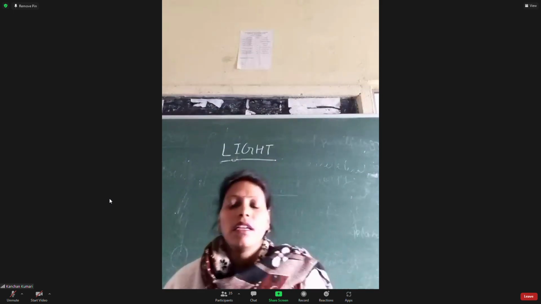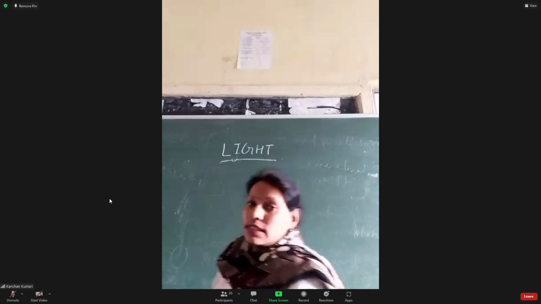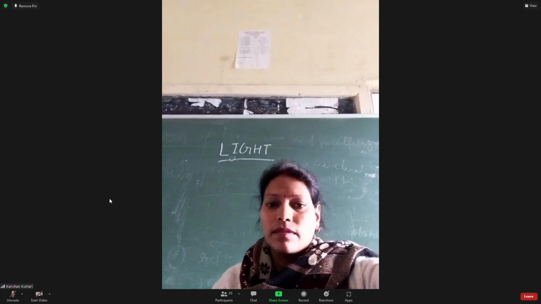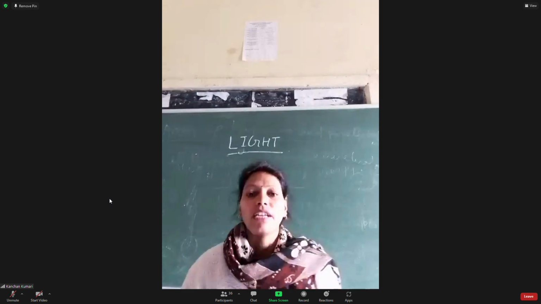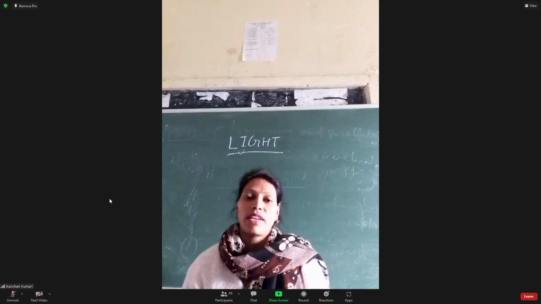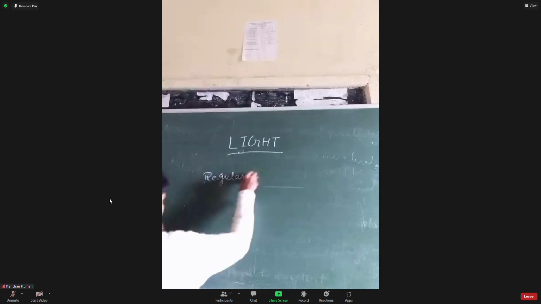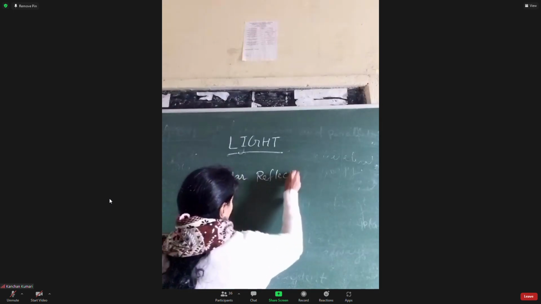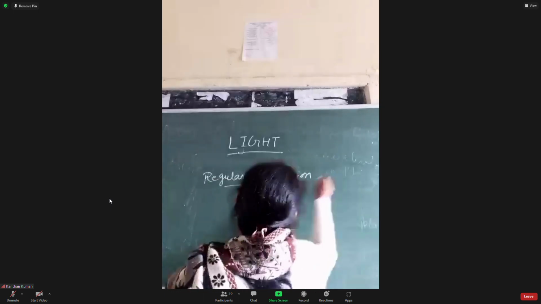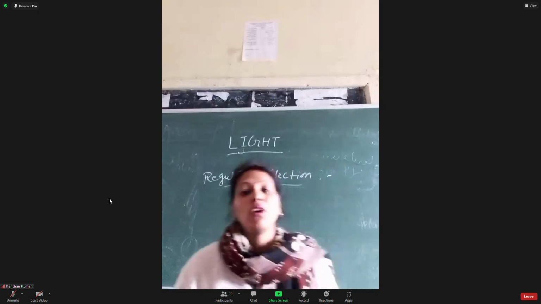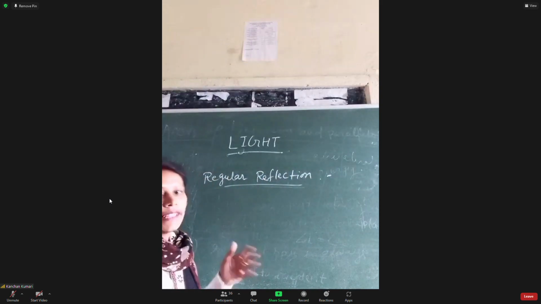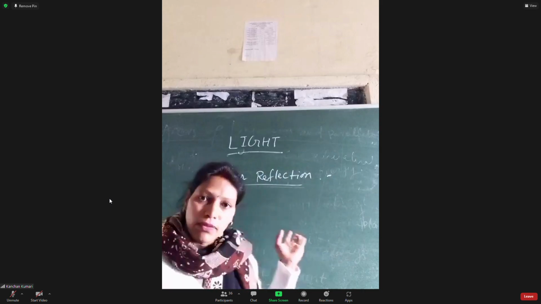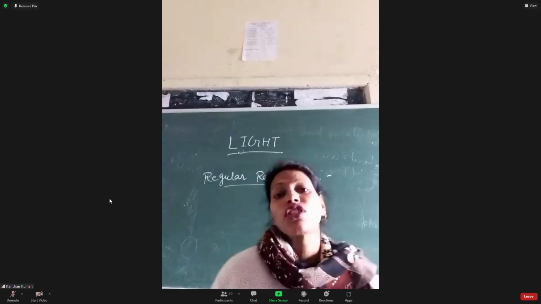Next is regular reflection and diffuse reflection. When a parallel beam of incident rays forms a parallel beam of reflected rays, it is called regular reflection, as happens with a smooth surface.